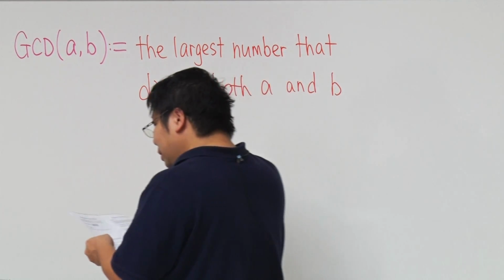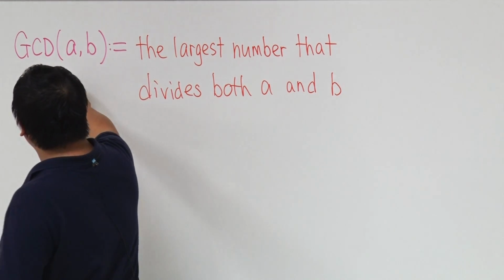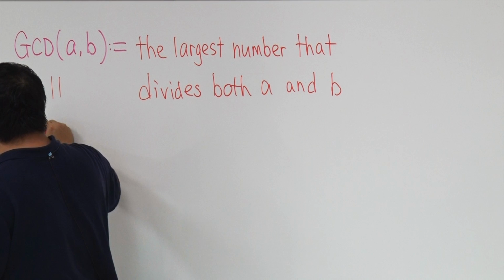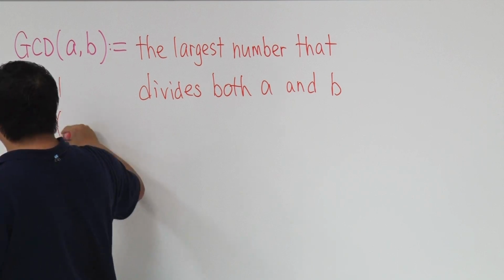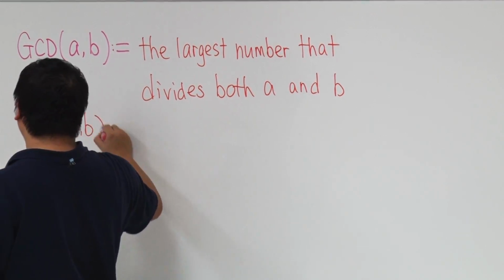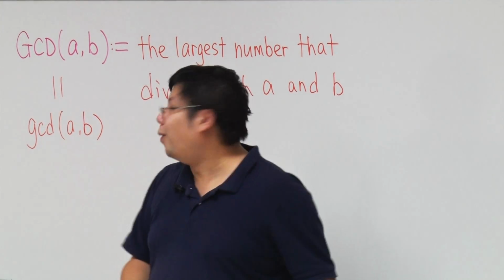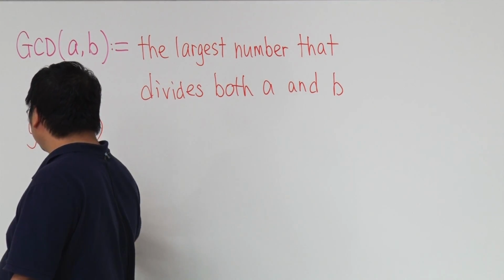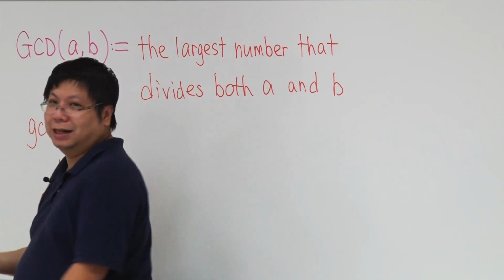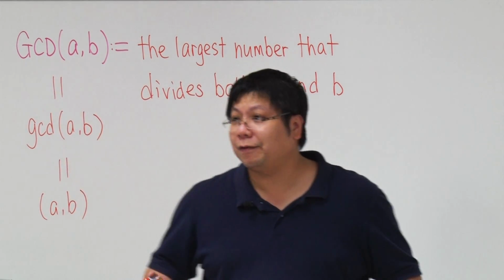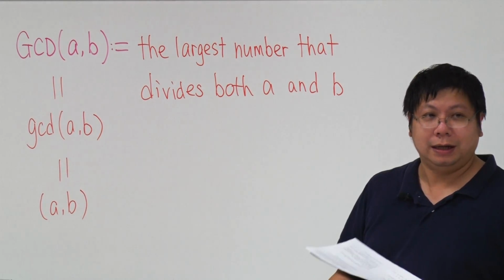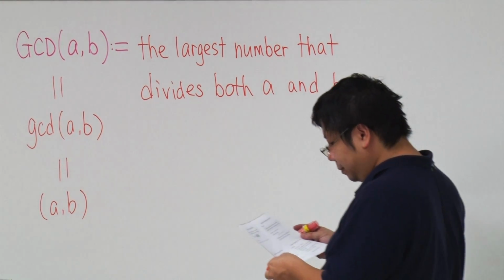Usually we can denote this by GCD(A,B), or we can also denote it by small letter gcd(A,B). Or sometimes when we are super lazy, we'll just write it as (A,B), if it is very clear in the context. Some people will just bracket A B, which stands for the GCD of A and B.